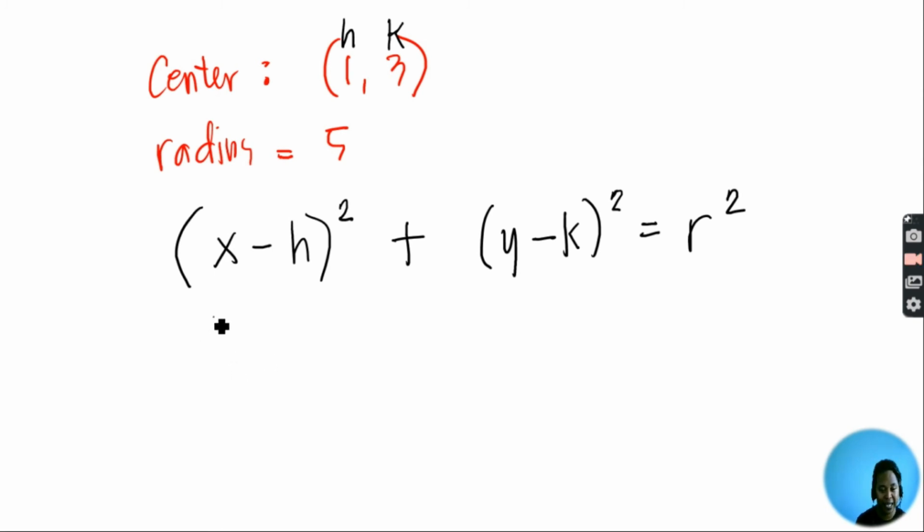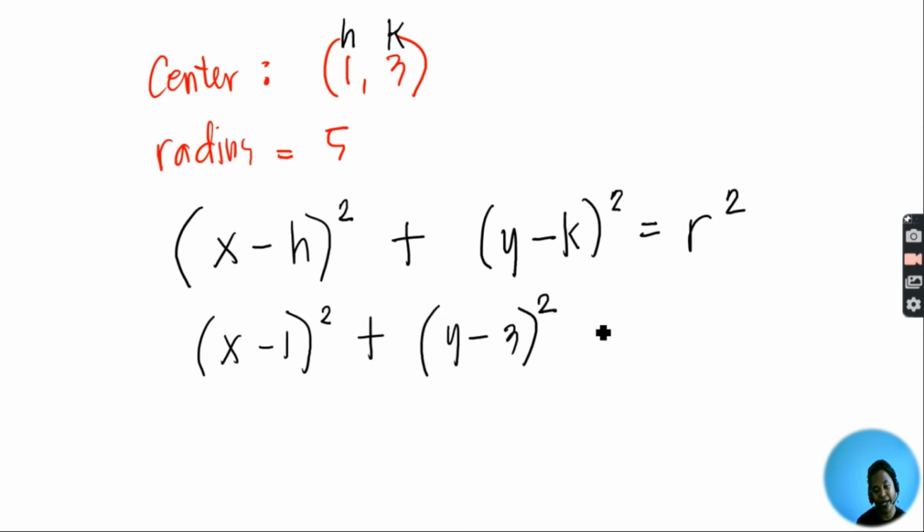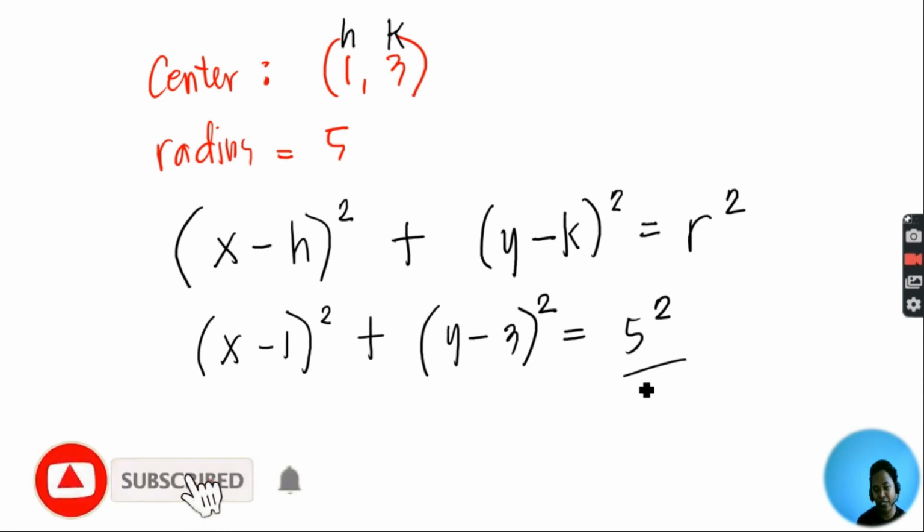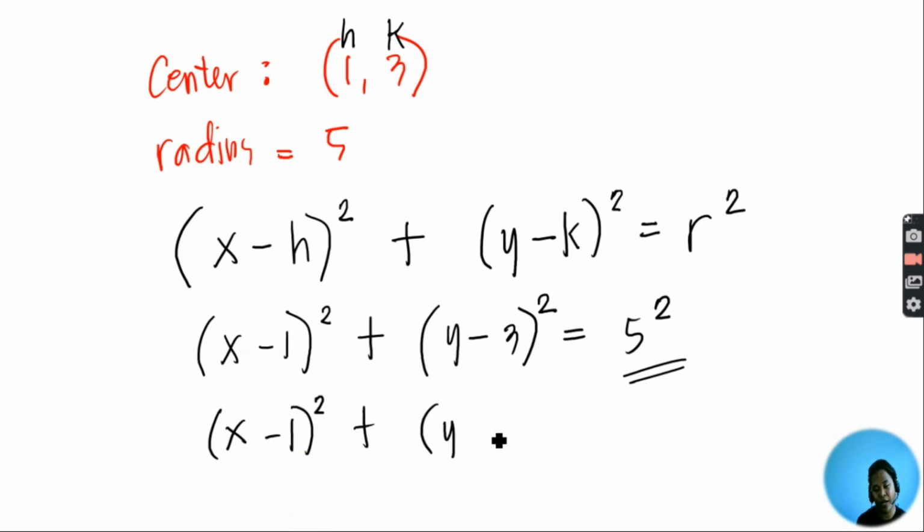Kaya magiging (x minus 1) squared plus (y minus 3) squared is equal to 5 squared. Then, since on the right side we have 5 squared, we have (x minus 1) squared plus (y minus 3) squared is equal to 25.